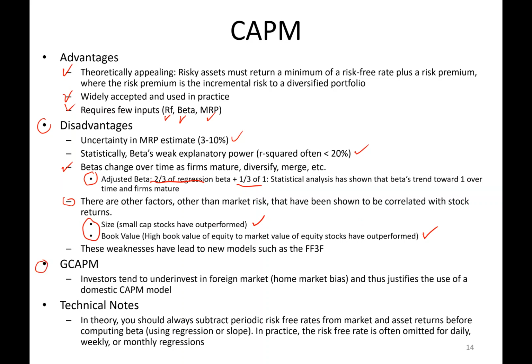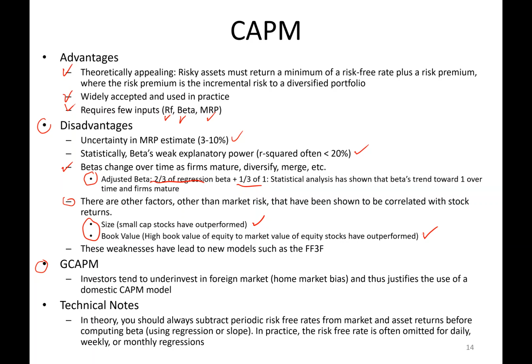Global CAPM. The justification for using global CAPM over domestic CAPM is if the marginal investor in a particular asset is, you believe, globally diversified, you should use global CAPM, while still using your domestic risk-free rate. However, there is evidence to show that there's a home market bias in investing. Therefore, it's probably safe to use domestic CAPM for domestic equities.